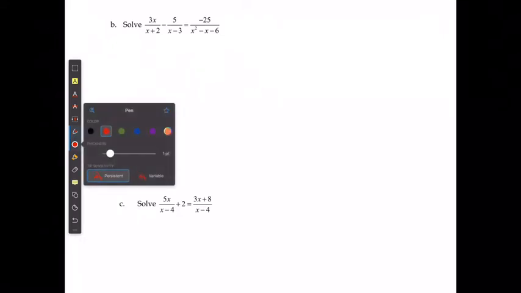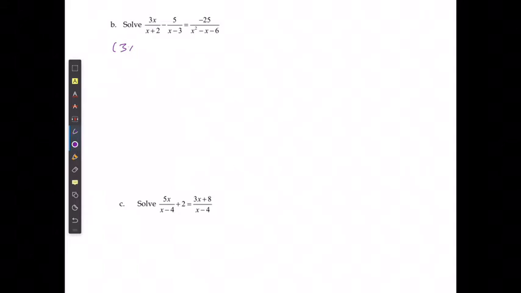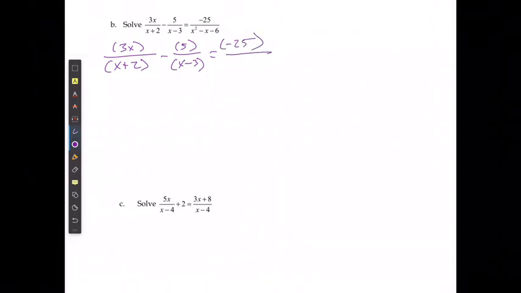If I go to example B, following the same process once again. Start by factoring the denominators. I have 3x over x plus 2 minus 5 over x minus 3 is equal to negative 25 over, and I'm going to divide this out and get x minus 3 and x plus 2.